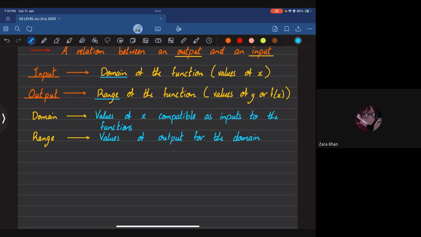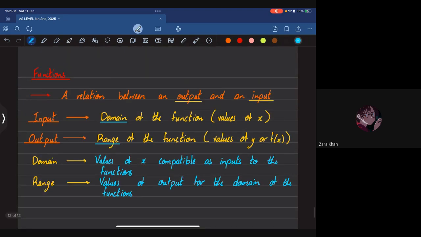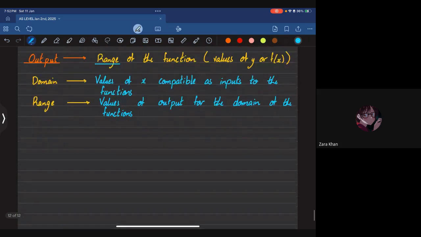So the range is defined as your values of output for the domain of a function. All right. Keeping this in mind, this is just an intro to the function itself. Let's move on to types.